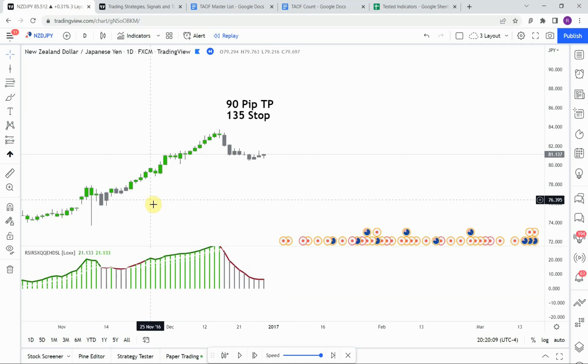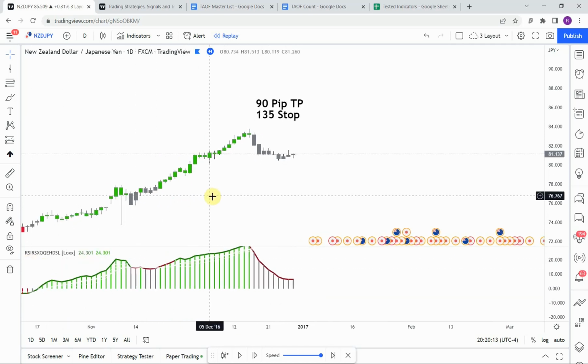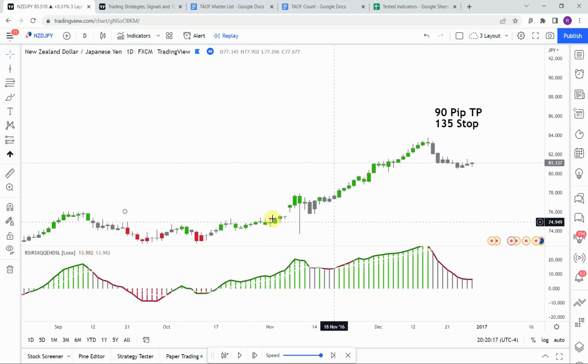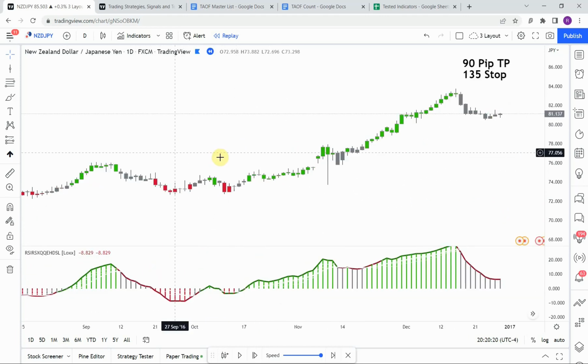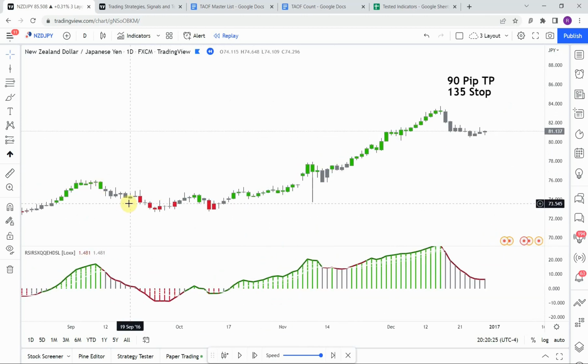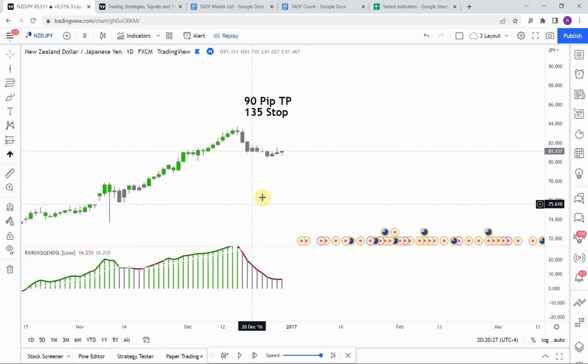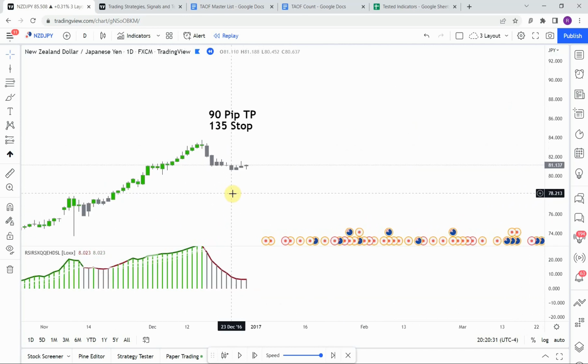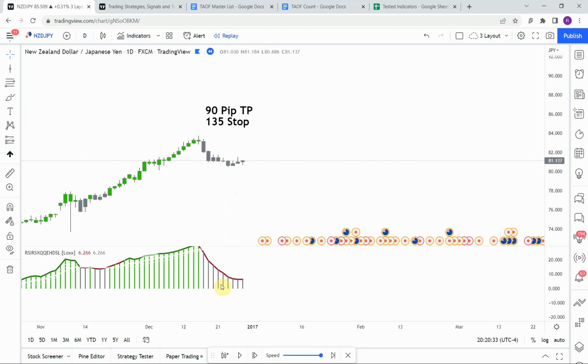I went ahead and turned on the bar coloration, so that it gives us a very quick and easy visual cue on when we should be taking trades. As you can see, when we get green candles, we are going to go long. When we get red candles, we are going to go short. So pretty much as simple as that. Let's go ahead and get on with the testing and see what we can get out of it.